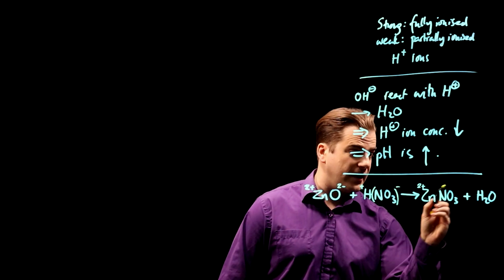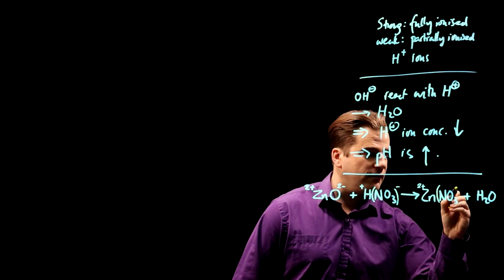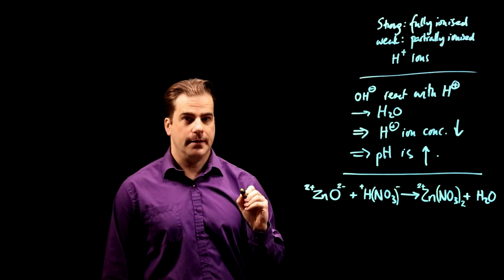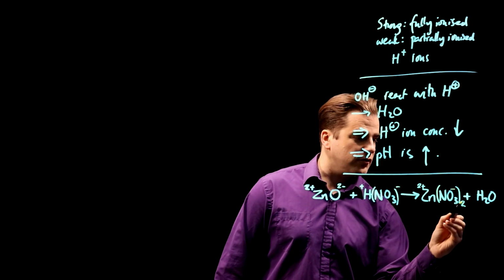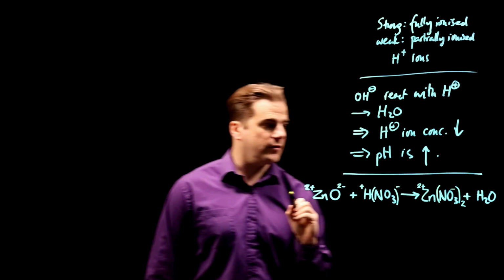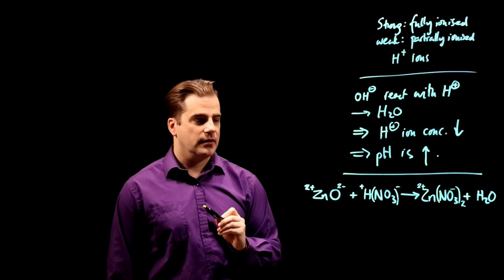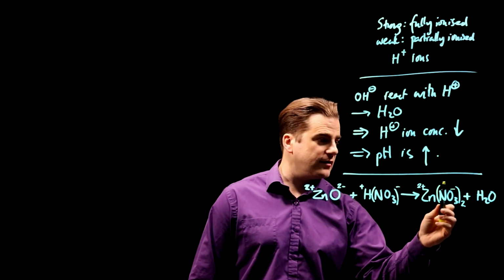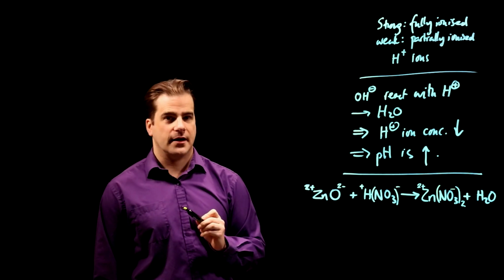That's 2 plus, but that's 1 minus, which means we must have 2 of them. Because that is 1 minus, so when you've got 2 of them, it balances the 2 plus. And water's neutral. So that's how you should work out if you have the right number of things sticking onto the metal. Okay?